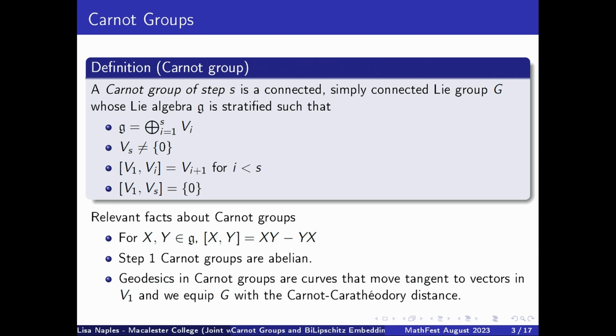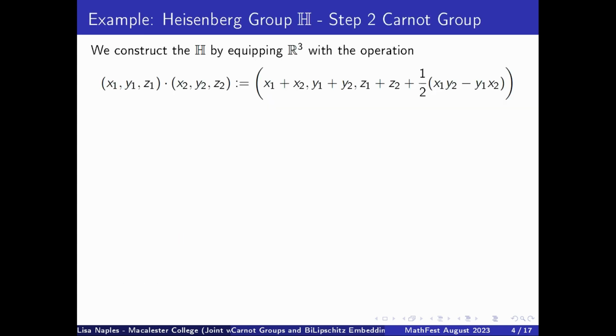Okay. So I'm going to walk through the definition of Carnot group again with the Heisenberg group, which is a step 2 Carnot group, kind of our most simple example beyond Euclidean space for Carnot groups. This is a slightly different representation of the definition for those of you who were in the previous talk.